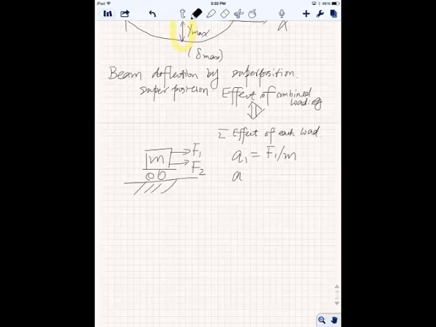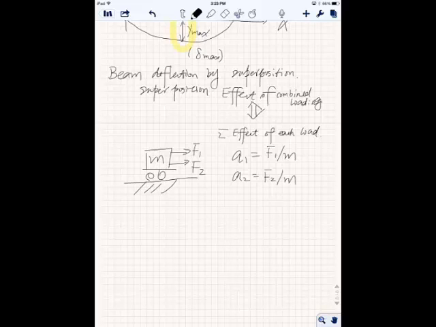So effect of combined loading is equivalent to summation of effect of each load, right? Okay. All right. So A2 is equal to F2 divided by m, right?